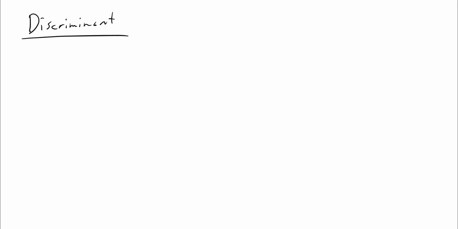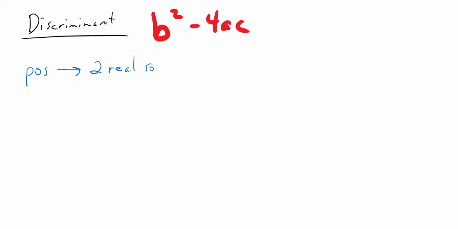Okay, so the discriminant is, I'm going to put this in bold, b squared minus 4ac. Here's the deal. It can come out to be a positive number. If that's a positive number, you're going to say two real solutions. You've got to say all three words.